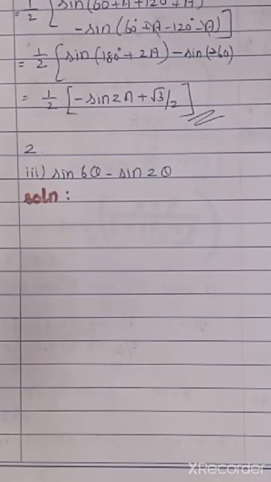Now, second problem. Express each of the following as a product of sine or cosine. So here a sum or difference is given. We want to transform the given sum or difference into a product of sine or cosine. Now third subdivision, sin 6 theta minus sin 2 theta.